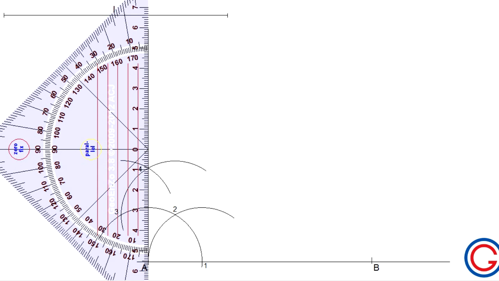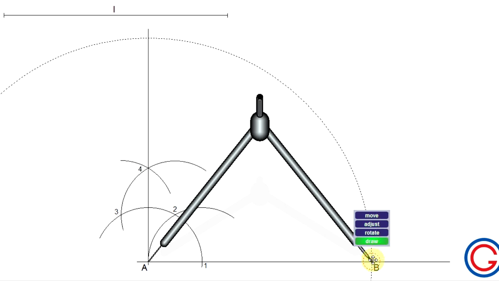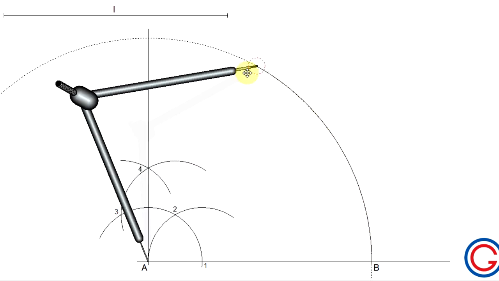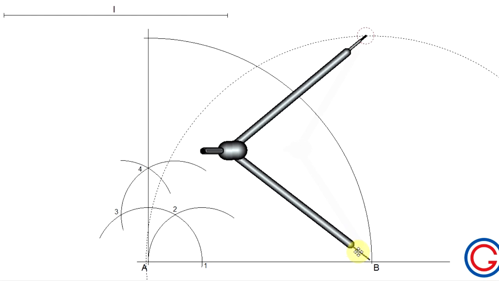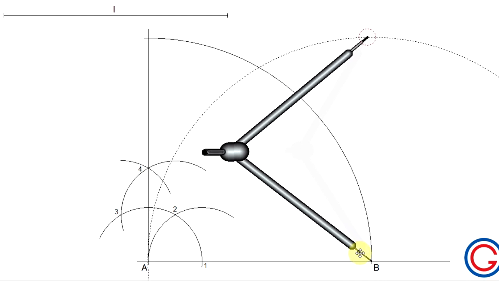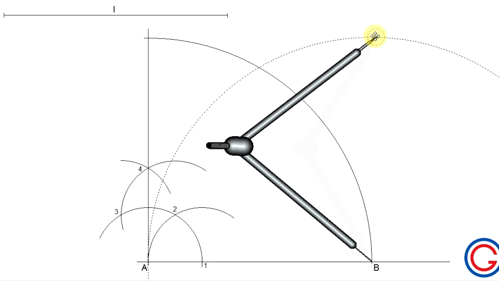So now, setting our compass to the length L, and setting it on vertex A, we scribe an arc to the left until it cuts our perpendicular line at a third vertex on our square, as can be seen here. Now, setting our compass on the vertex B, we scribe an arc to the right, as can be seen here.